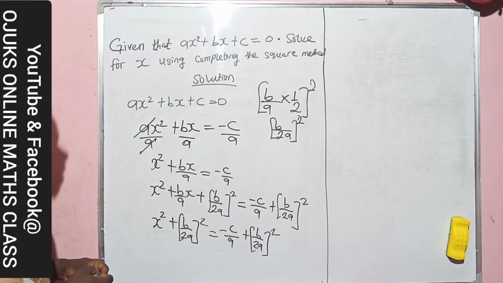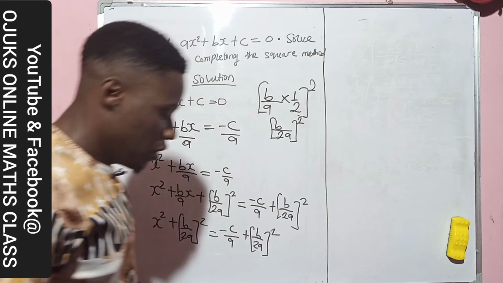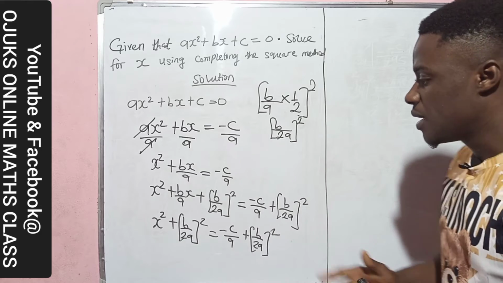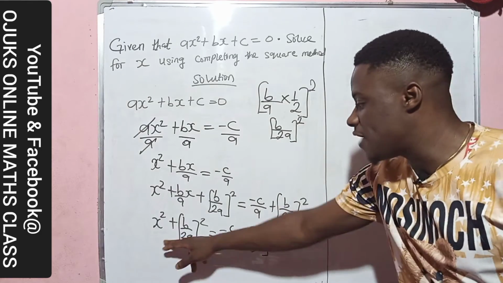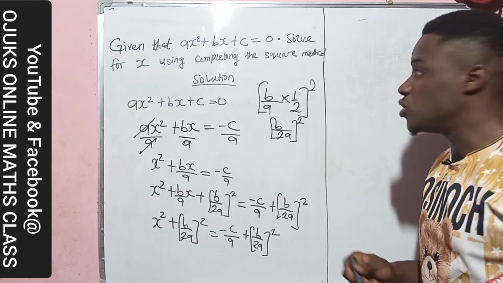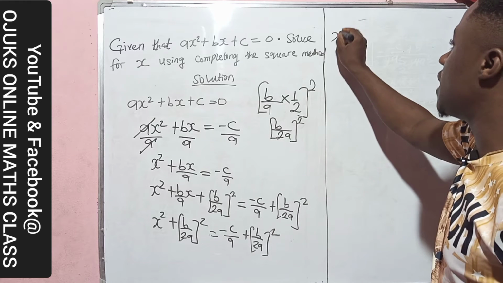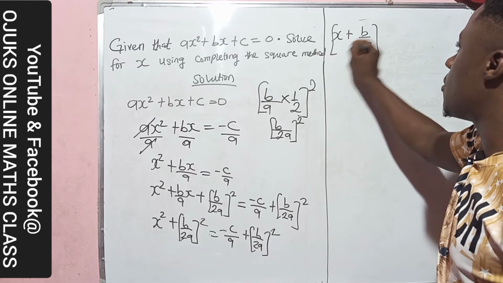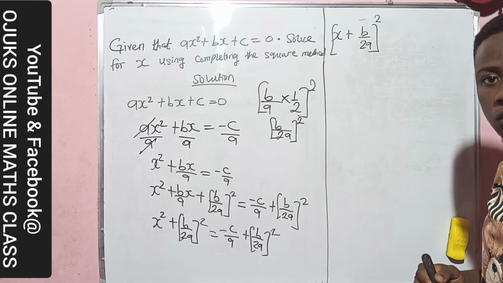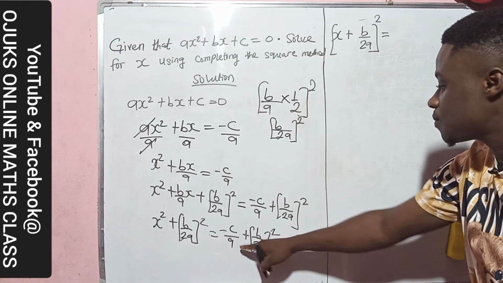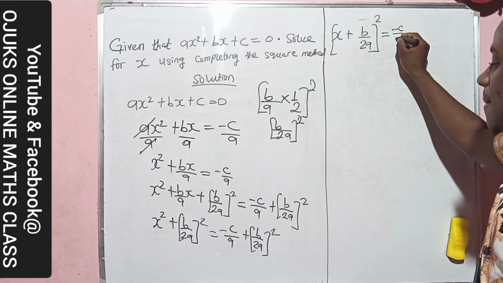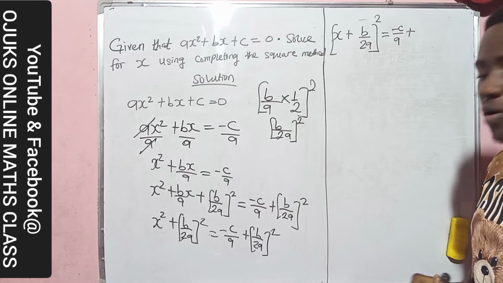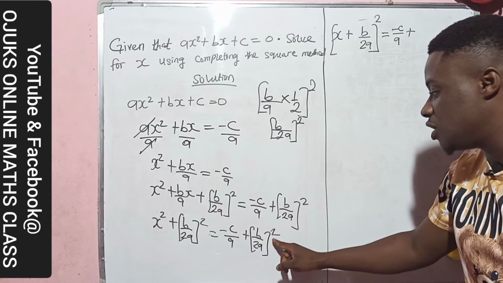As you can see, if we keep on solving further, on the left hand side of this equation, according to the law of indices, both of them have the same power. What we have to do is collect both of them, x plus b over 2a, and raise them to their common power, which is power 2, equals minus c over a plus, according to the power law, this implies b over a is raised to power 2.